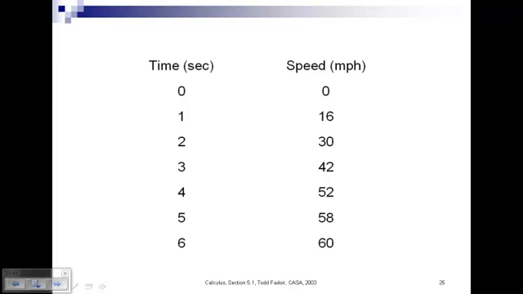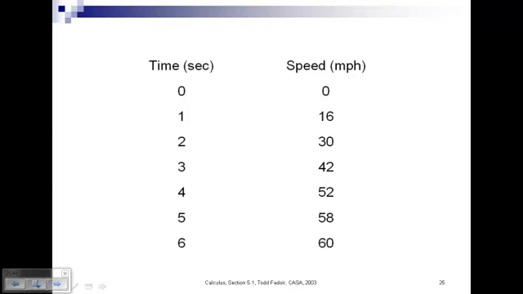It's not constant. Well, we don't know the equation. It's not constant velocity, so it's harder than the other problem. It's average, so it's not your speed. No. At the instant at 1 second, I'm going 16 miles an hour. At the instant at 2 seconds, I'm going 30 miles an hour.